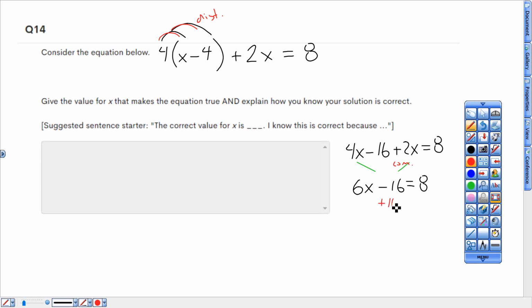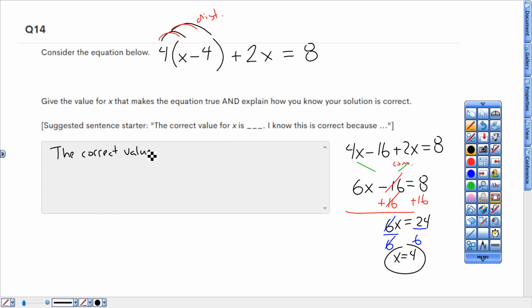Add 16 to both sides. Bring that 6x down. This gives me 24. Divide both sides by 6. And for this answer, I get x equals 4. For your sentence, you could say the correct value for x is 4.